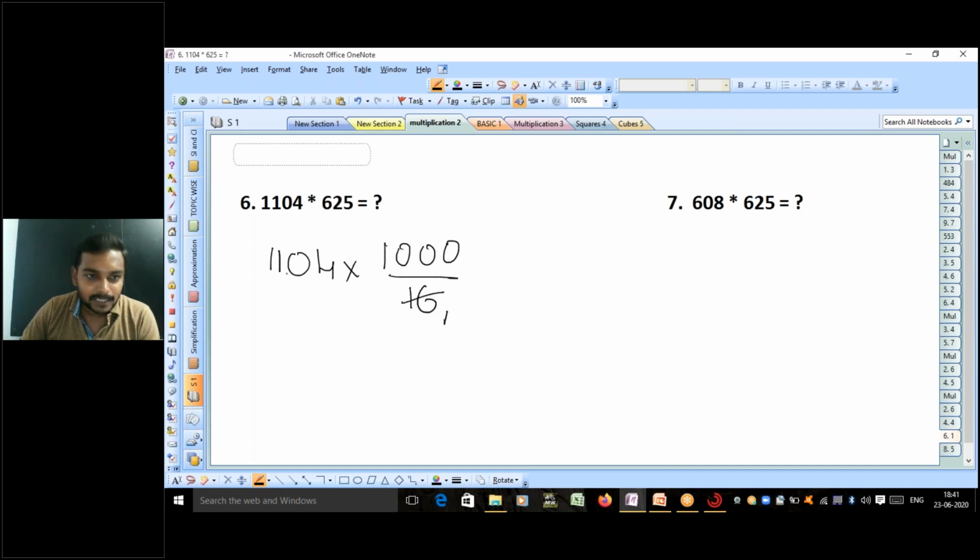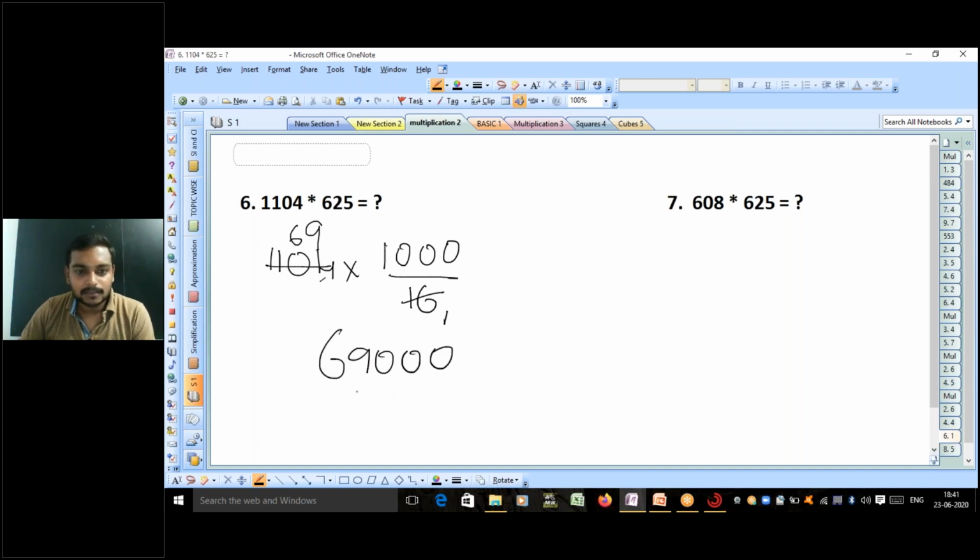So 16 one time. 16 sixes are 96. Remaining is 14, so 144. 16 nines are 144. So the answer is 69,000.